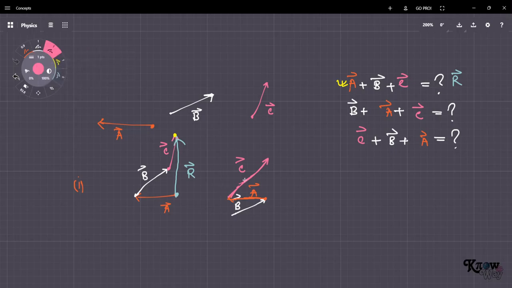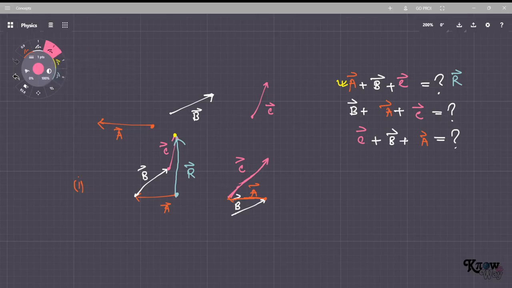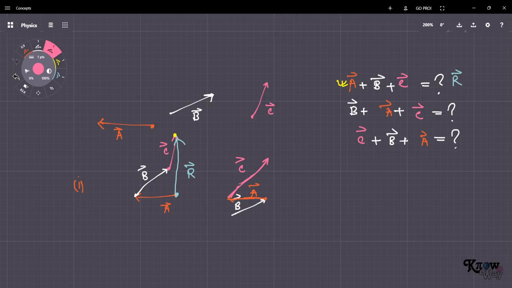Now we have the final point of the vector. So let's just take the initial point of A, and this right here is our R. You see that these are similar, but due to my drawing faults, this doesn't seem similar, but these are similar. That means these are the same thing.